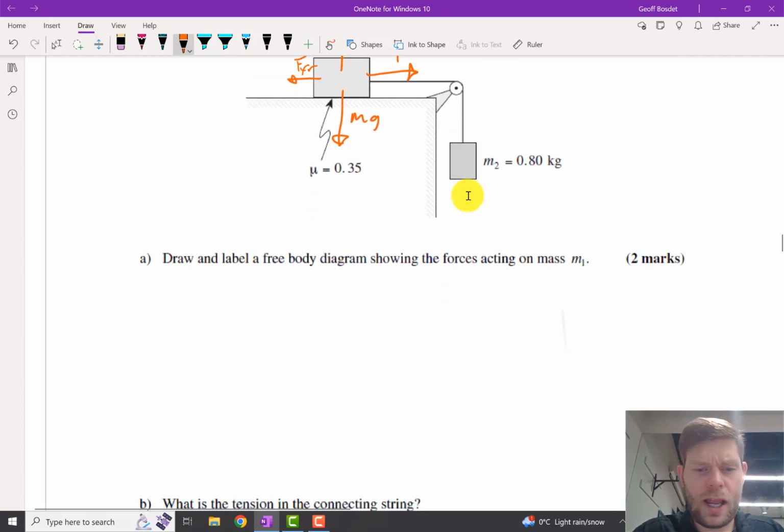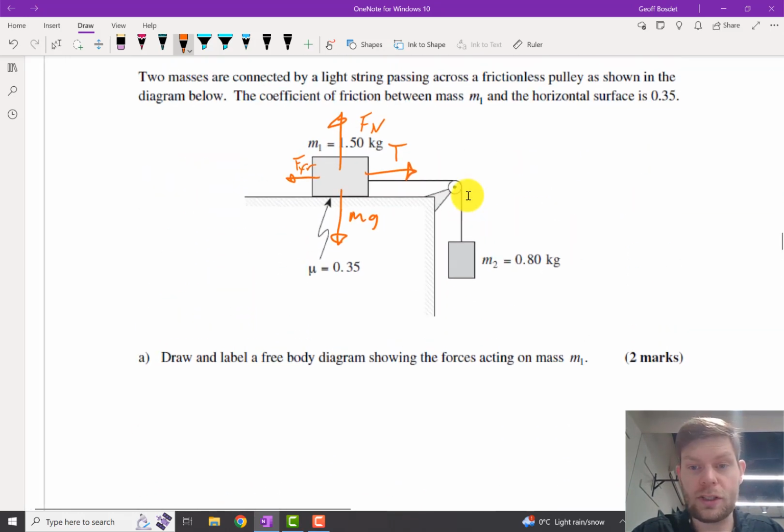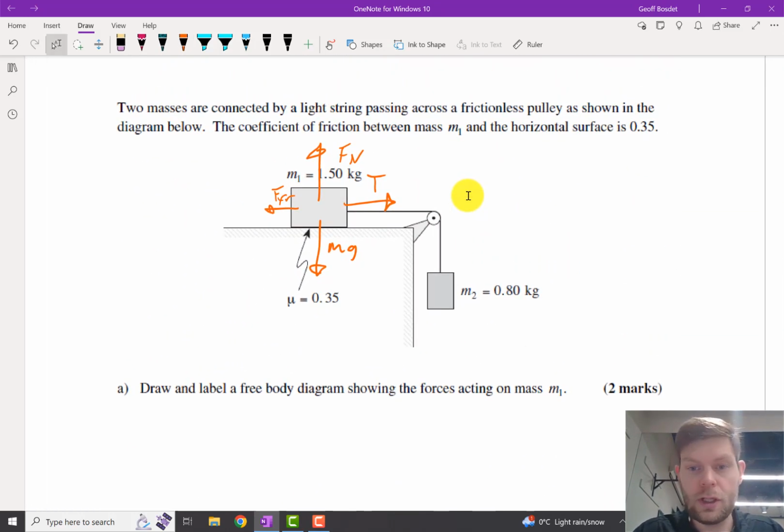And we're looking for tension in the connecting string. So we'll probably have to solve for acceleration first, because we pretty much have to do a big minus small equals ma. We don't know tension, we don't know acceleration, but if we do whole system, we do not need to know tension.